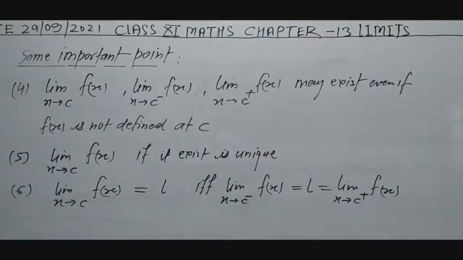Now this is the condition for existence. Thus for the existence of limit x tends to c f(x), it is essential that left hand limit of the function and right hand limit of the function both exist and are equal to the value of the function at a given point. So these are the points related to limits. All should remember these points.